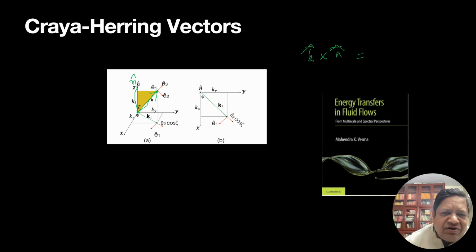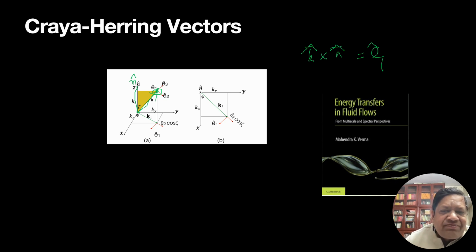We can make a unit vector, which is k cross n, which is e1 hat. E1 is pointing towards you. You take vector k, which is in that direction, and cross it with n, like that. So that will be k cross n.